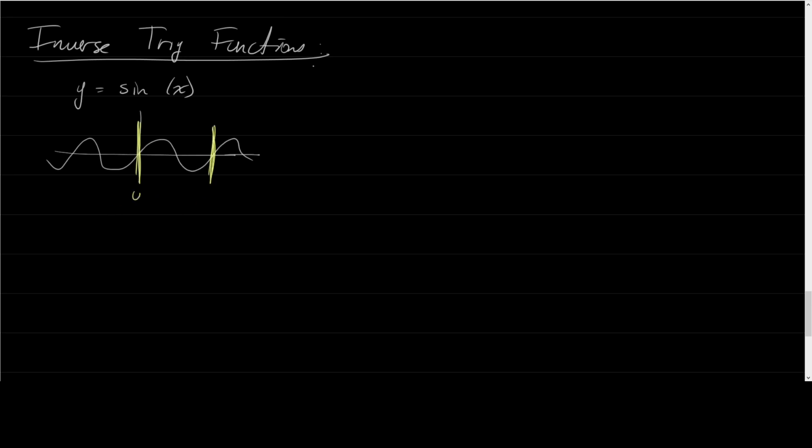I meant to do from here to here, which is from negative pi over 2 to positive pi over 2. If we restrict it to just that region, then it does pass the horizontal line test, and then it does have an inverse. So we're going to restrict it to that, and when we do that, we get the following graph.